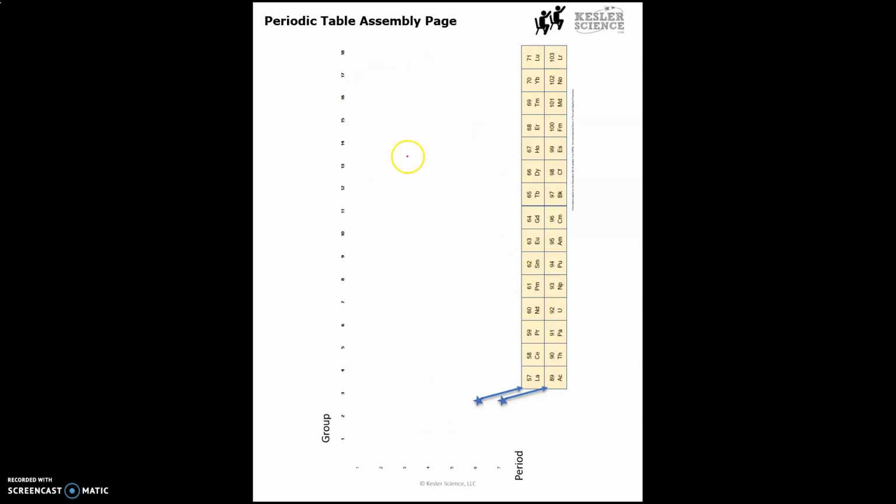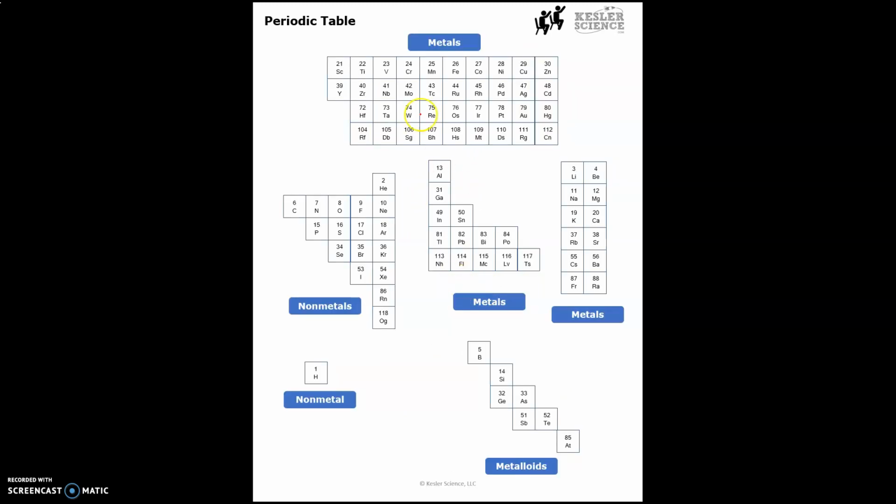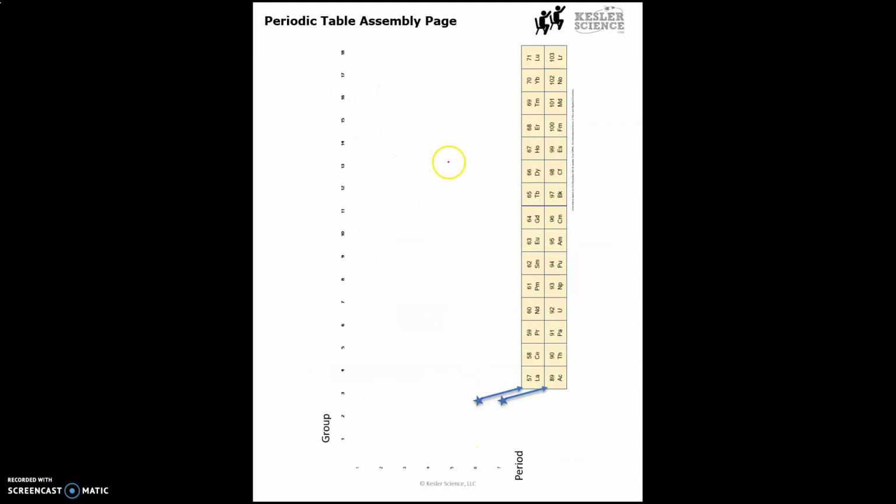I highly, highly suggest using a periodic table. There's one in your book, there are 2 periodic tables on the wall, or you can even pull up an image of a periodic table from the internet to guide where you want to put this. My suggestion is that you place all of these where you think they should go on this page before you glue even one of them down.